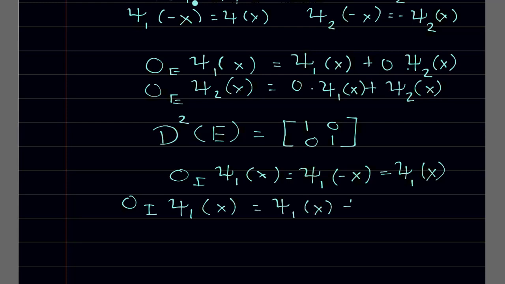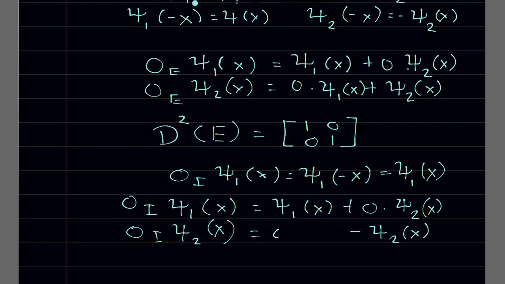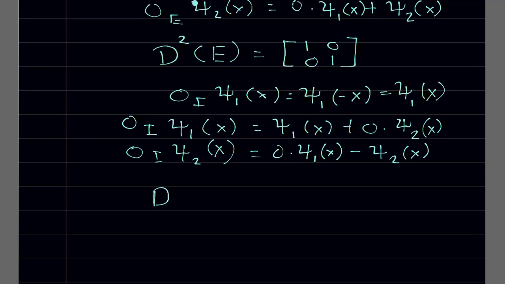That means I don't get the other one. So I can write it as 0 psi2 of x. Similarly, when O_I acts on the odd function psi2 of x, we'll get what? Psi2 of minus x, and psi2 of minus x is minus psi2 of x. So I'm going to get here minus psi2 of x, but I don't get this one. So let me write it as 0. So what is the 2D representation? Let me write D2 of I. I get 1, 0, 0, minus 1.